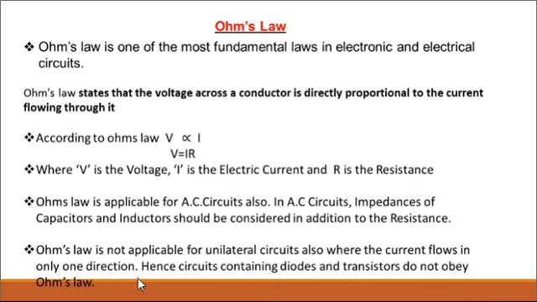That's why Ohm's Law is not applicable for unilateral circuits, and it is applicable for electrical circuits where the current flows in any direction. But in diodes and transistors, the current flows in only one direction. That's why Ohm's Law is not applicable.